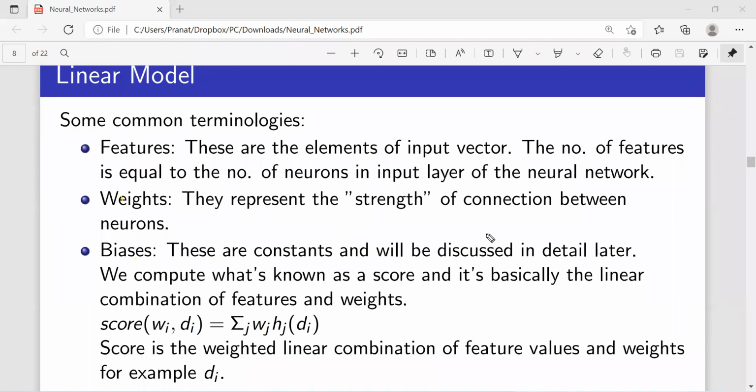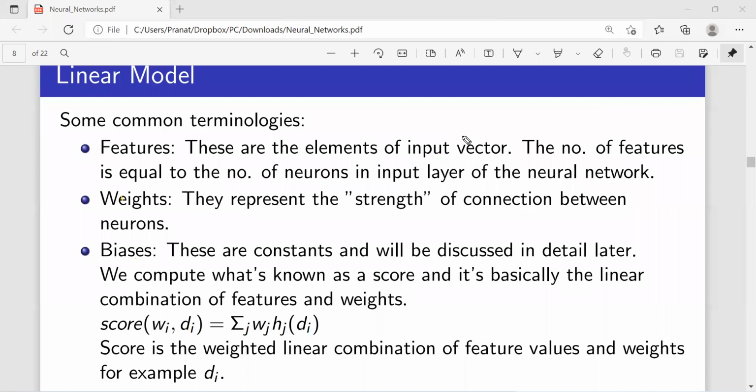Okay, so we try to build a linear model, and we'll come to what a linear model is. First, we discuss some common terminologies. We come to features. These are the elements of the input vector. So if you have x as the input vector, with elements, let's say A, B, C, these three are its features, or 1, 2, 3, or whatever, it can be anything.